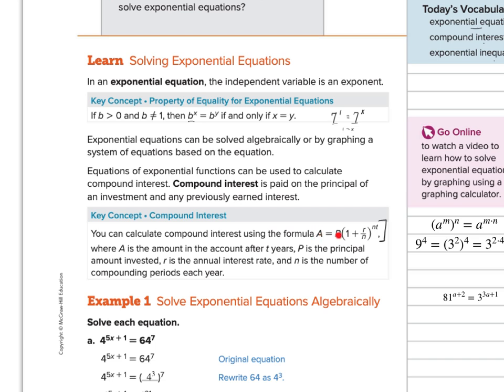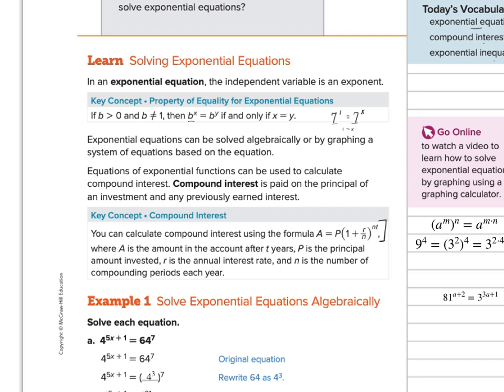Then P is how much I initially invested, times 1 plus the rate, divided by n, the number of times it compounds in a year, raised to the exponent of n, the number of times it compounds in the year, times t, time being how many years.